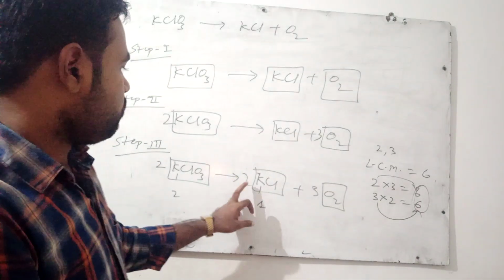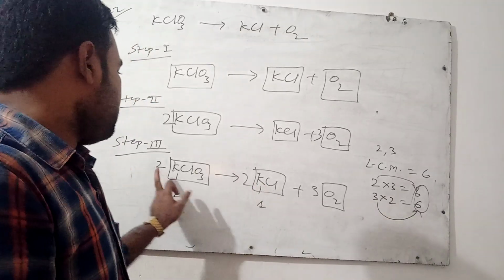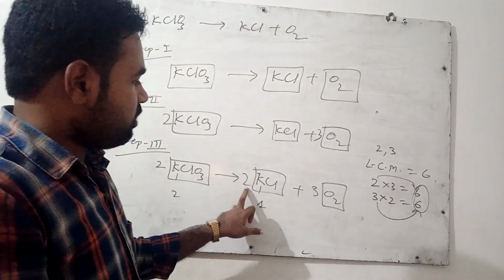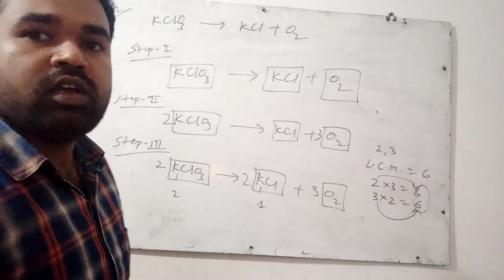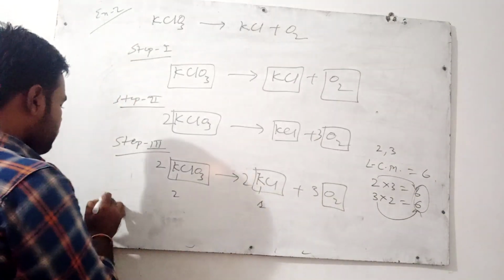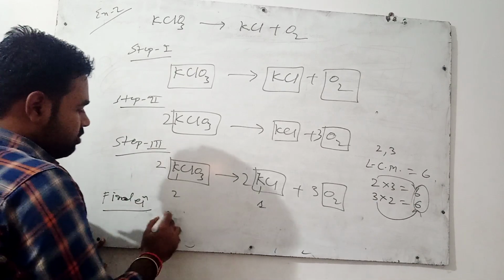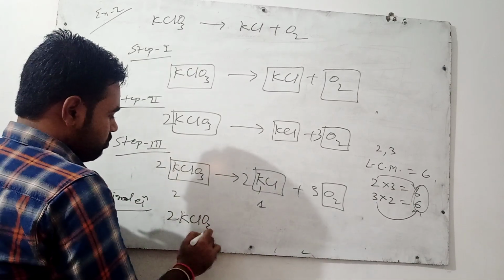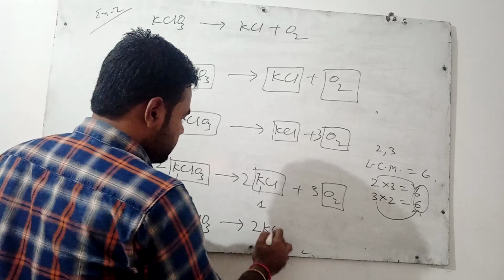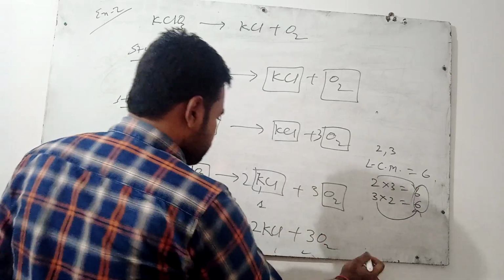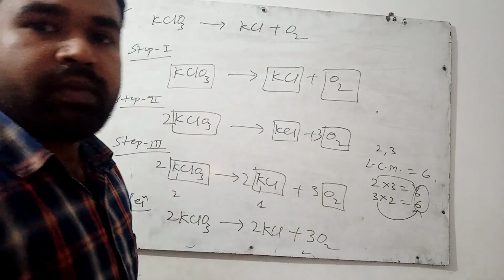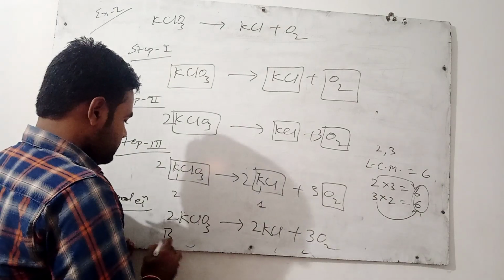When multiplied by 2, again 2 potassium atoms are there, and 2 chlorine atoms also got balanced. So what is the final equation? 2 KClO3 gives 2 KCl plus 3O2. This is the final equation and it is balanced.